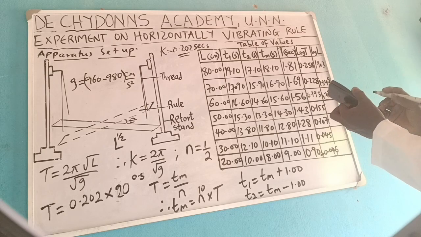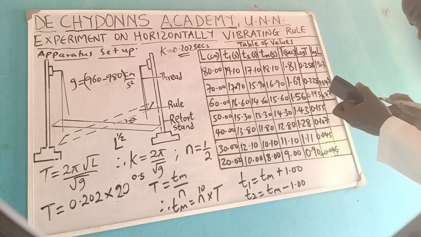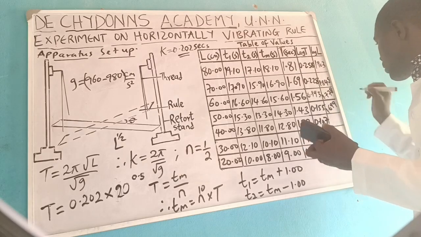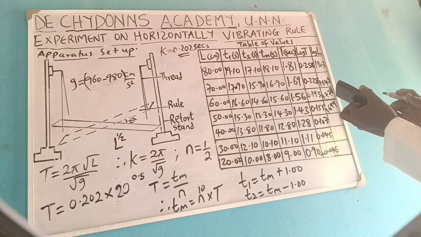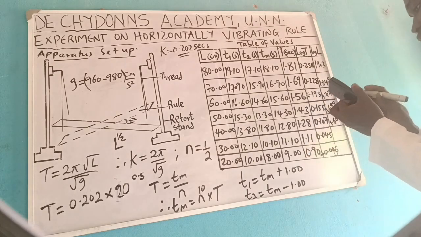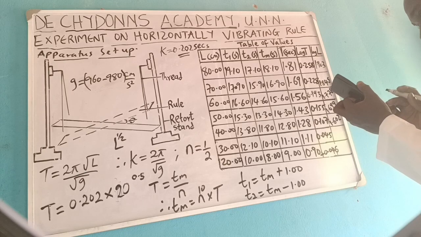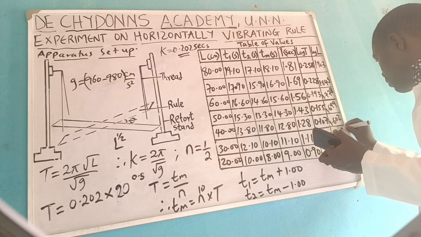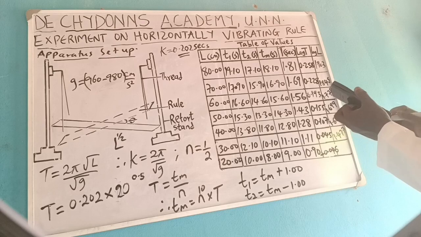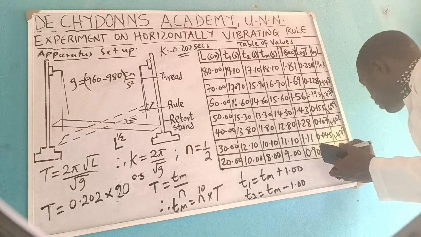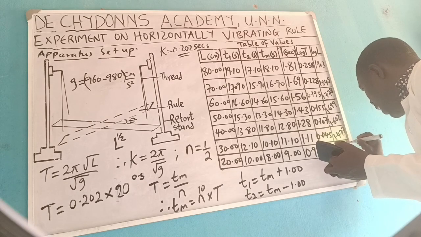Log 50 is 1.699. Log 40 is 1.602. Log 30 is 1.477. Log 20 is 1.301.